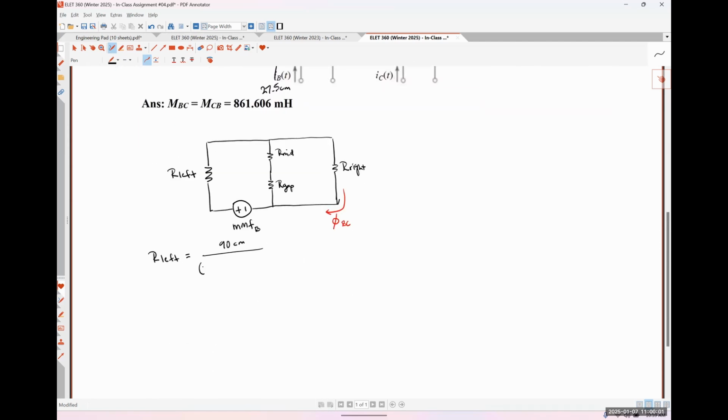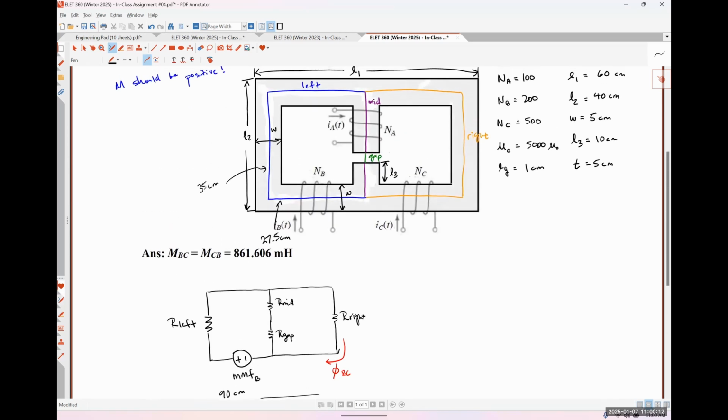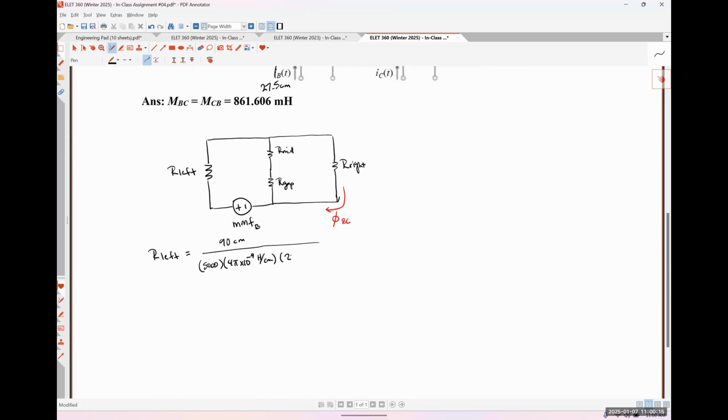And then we're going to have 5,000 mu naught. And then we're going to have our area, which is 5 centimeters by 5 centimeters, so I'm just going to write this as 25 centimeters squared. All right, so 90 over 5,000 times 4 pi times 10 to the minus 9 times 25.